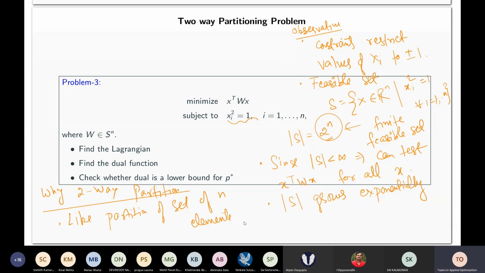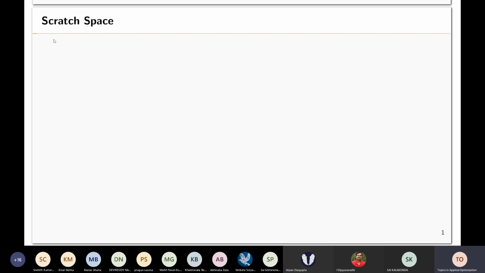So the feasible set can be partitioned into the set of all i such that xi is equal to -1, union the set of all i such that xi is equal to +1.